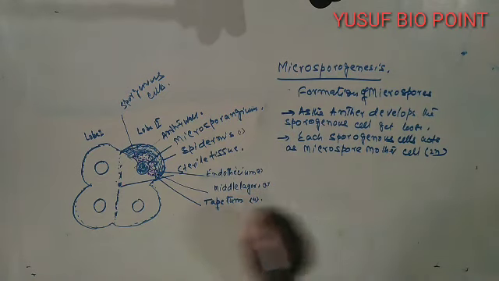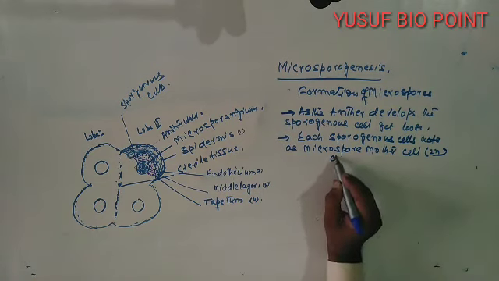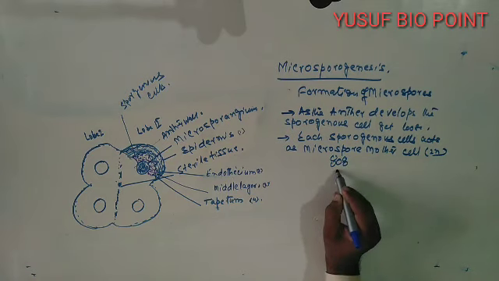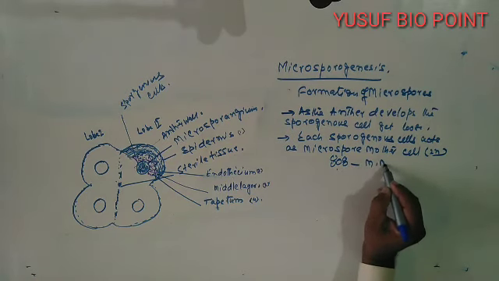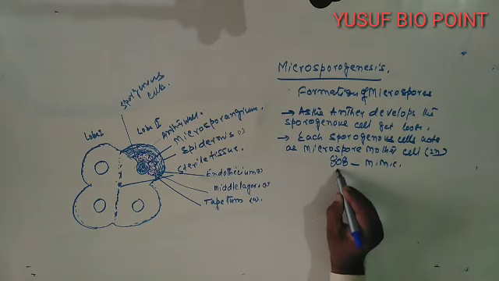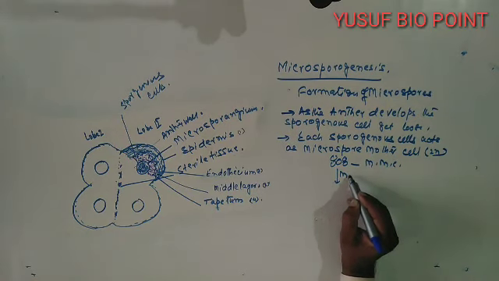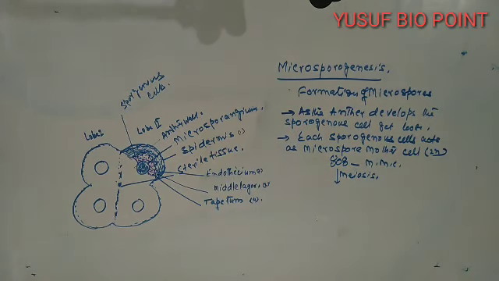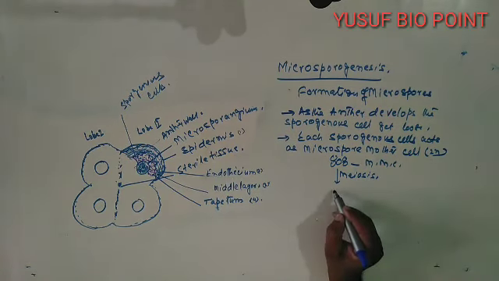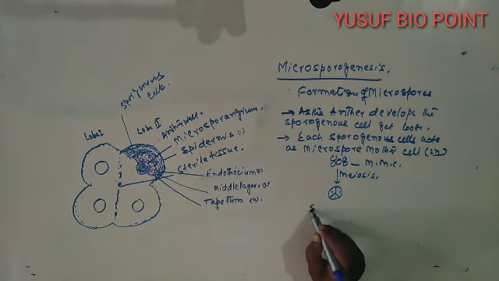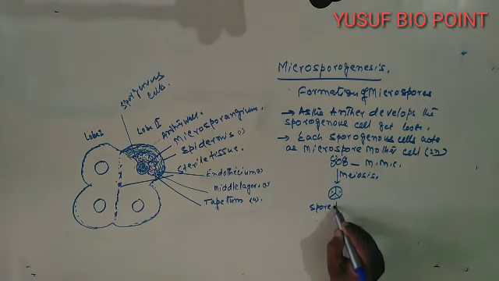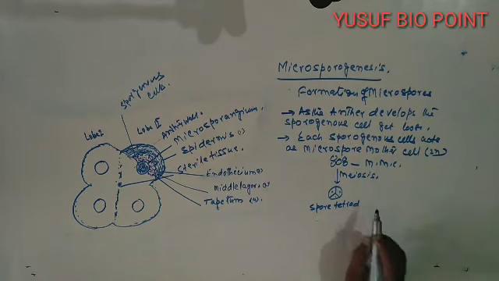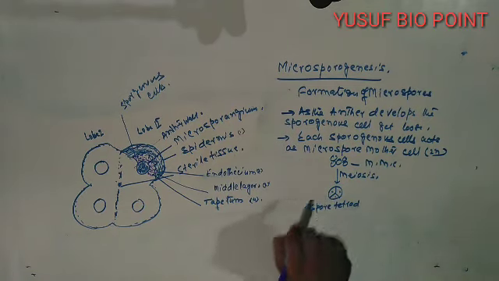Now these are microspore mother cells. They undergo meiosis, and each cell forms spore tetrad, 1, 2, 3 and 4 on the back side.